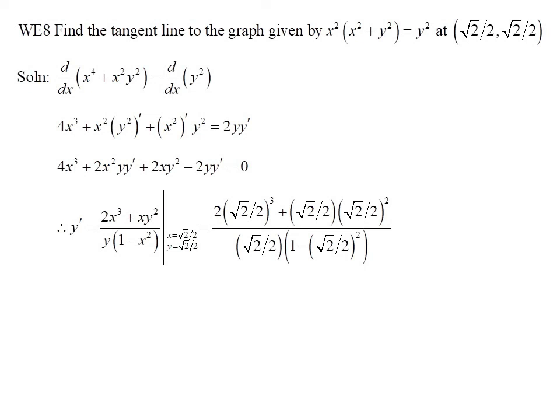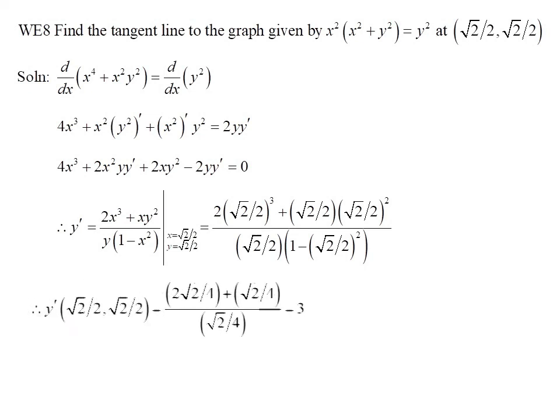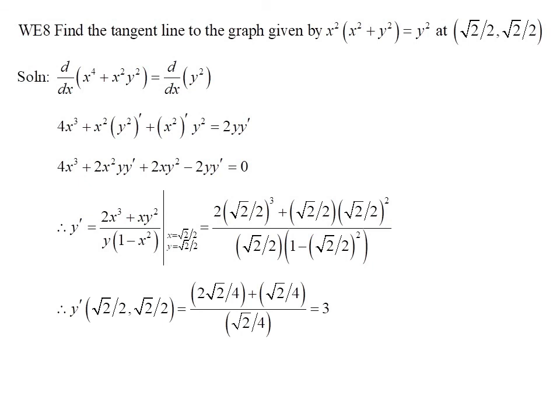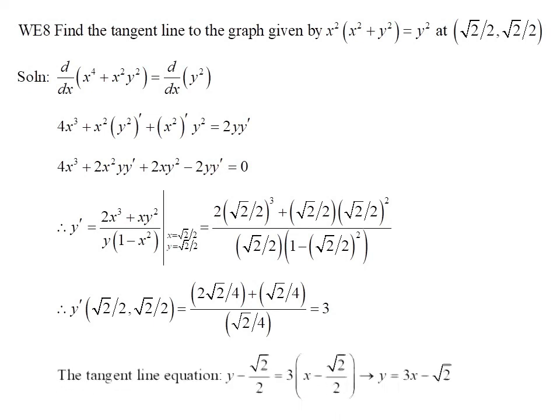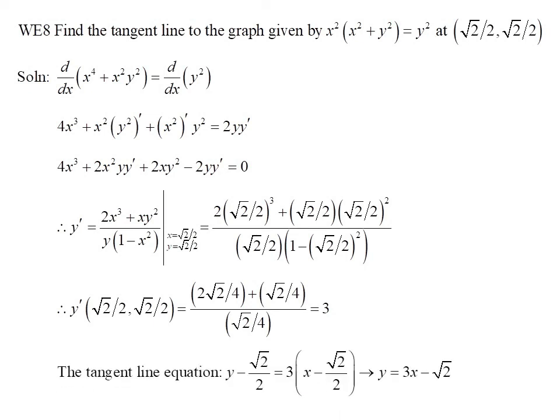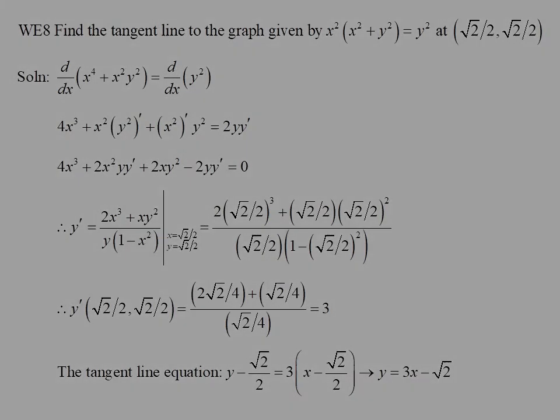Finally, it equals 3 when substituting both x and y by square root 2 over 2. Hence the line equation is written as y minus square root 2 over 2 equals 3 times (x minus square root 2 over 2). After being simplified, it becomes y equals 3x minus square root 2.